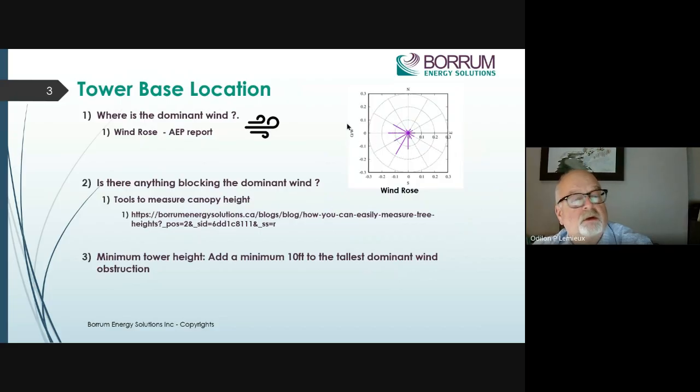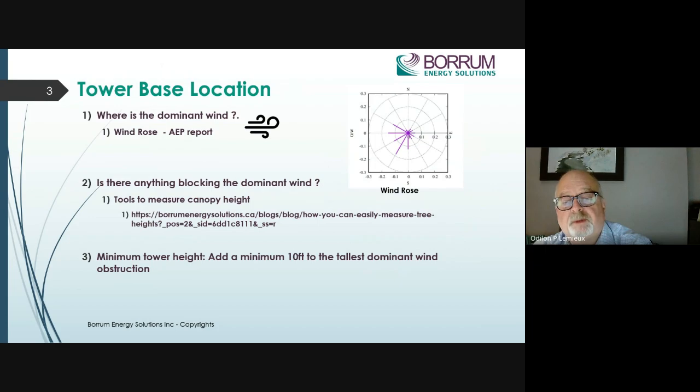So once you know that, the question is, is there anything blocking the dominant wind? In this case, is there anything in the south, southwest, or west from the draft or targeted tower location? Now that could be man-made, if you're on a farm, a silo or something, but most of the time it deals with canopy height.